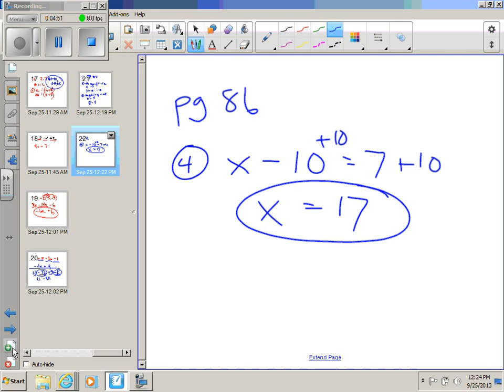Now, number 5, maybe a little more challenging. 2 plus an n is equal to a negative 6. Adding any positive integer to another positive integer is never going to give you a negative. Right? So I already have a positive. I need to end up with a negative.